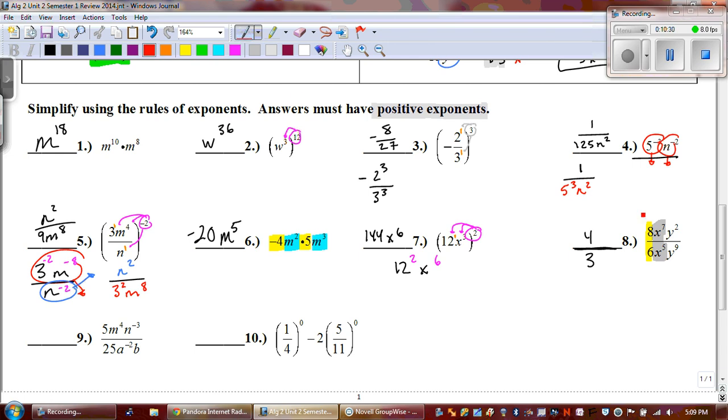Who wins with the x's, the top or the bottom? The top wins, and the top wins by 2. What about the y's? Who wins with the y's? The bottom, and the bottom wins by 7. So we're left with 4x squared over 3y to the 7th.